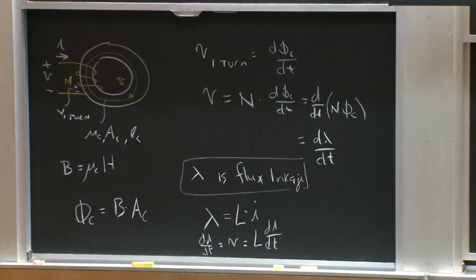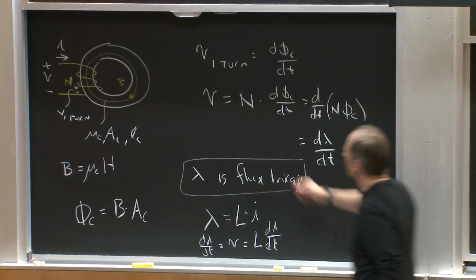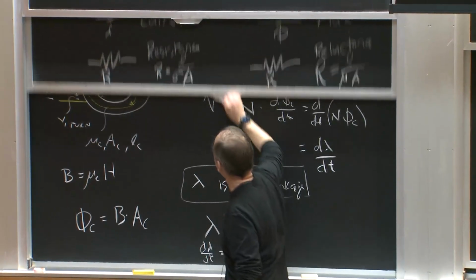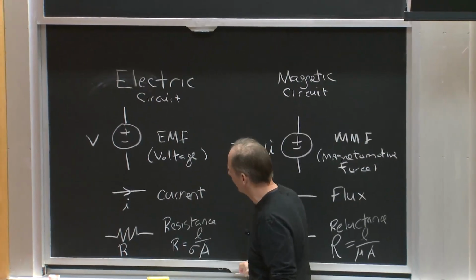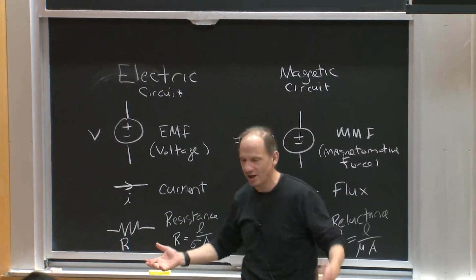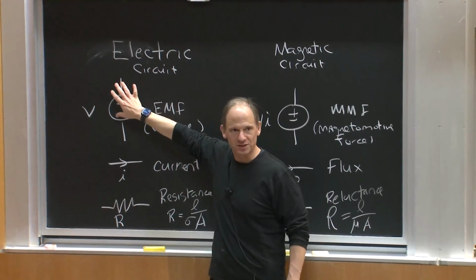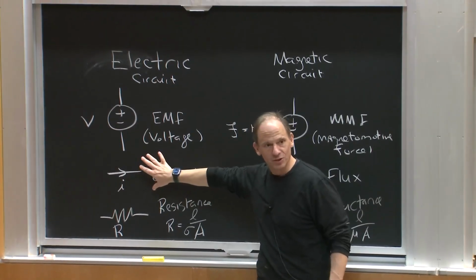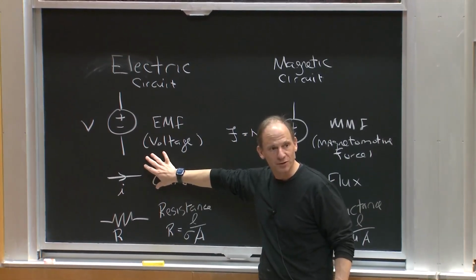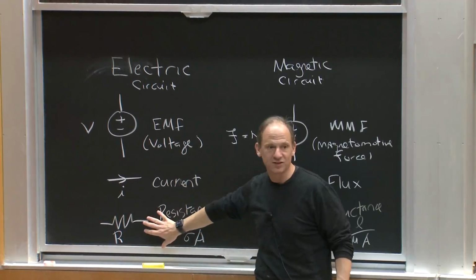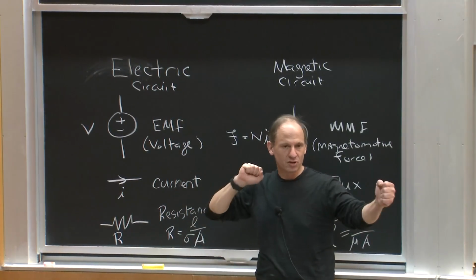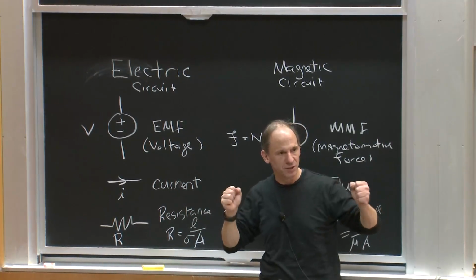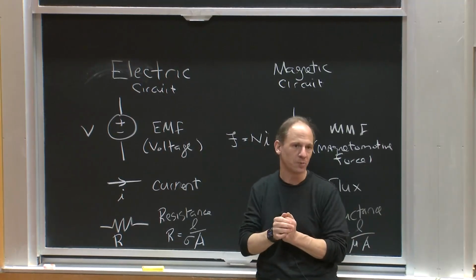So then we introduced this notion of a magnetic circuit model, okay, where we said that in an electric circuit we have KVL and KCL, we have voltage sources, sometimes called an EMF, we have current, which is our flow variable or our through variable. And we have resistances, which describe the resistance of a material to current flow when a voltage is applied.